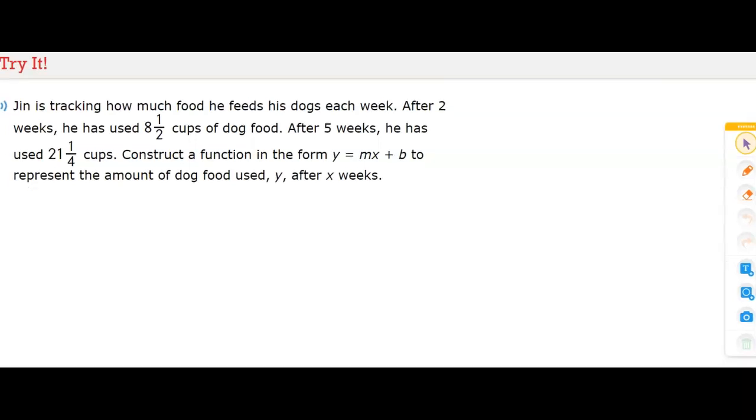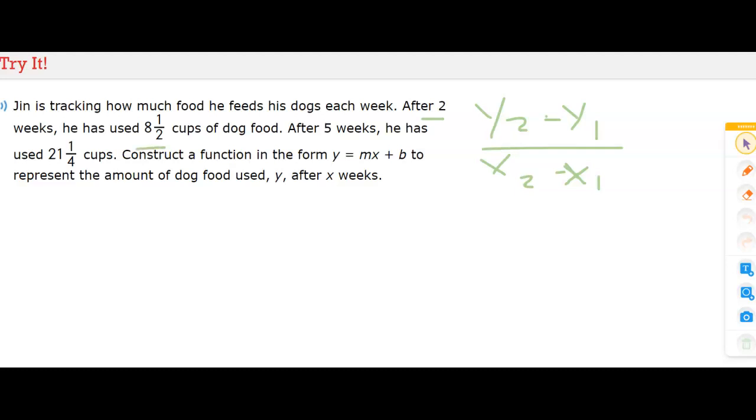So we need to find our slope to help us create our equation to construct the function. So remember, we have y2 minus y1 over x2 minus x1. The first one here will be our x1, y1.